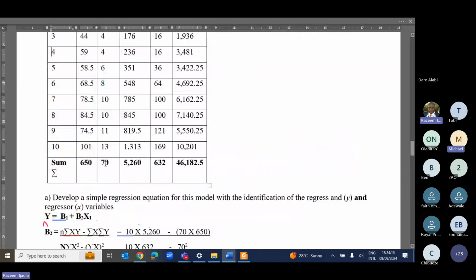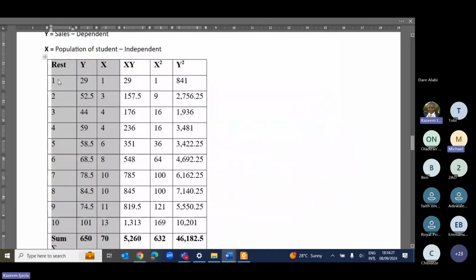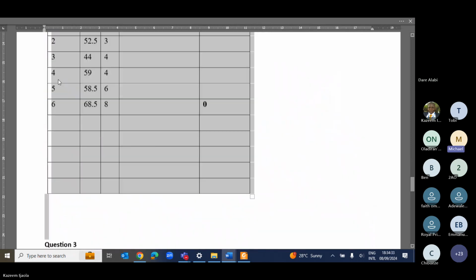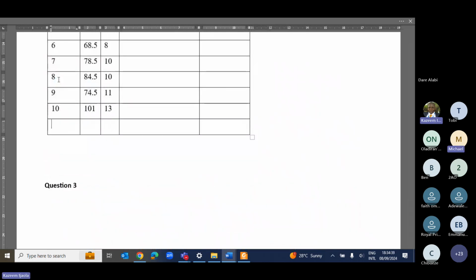There are about 10 restaurants. So I'll paste it here. Okay, we have it like this.